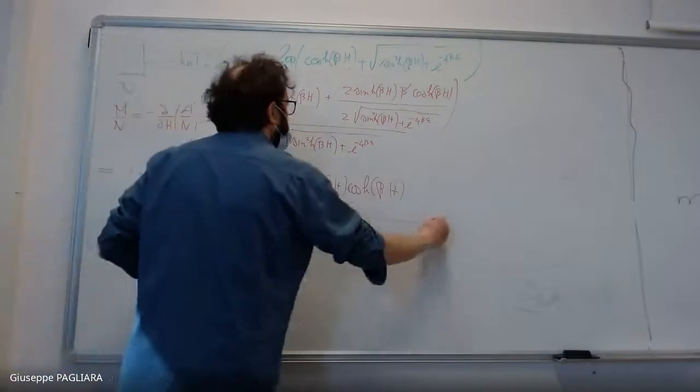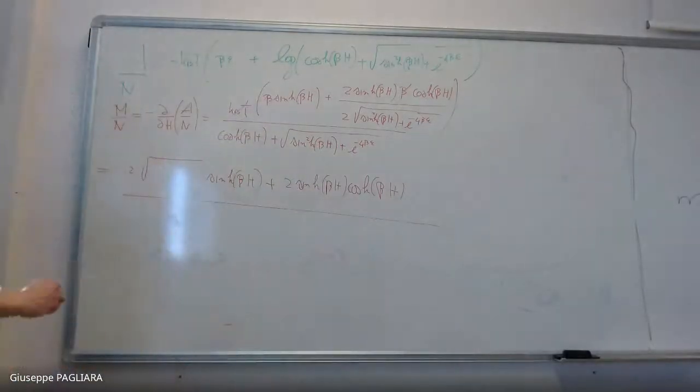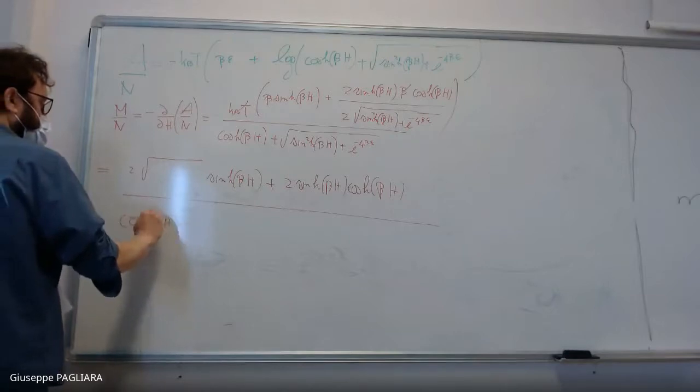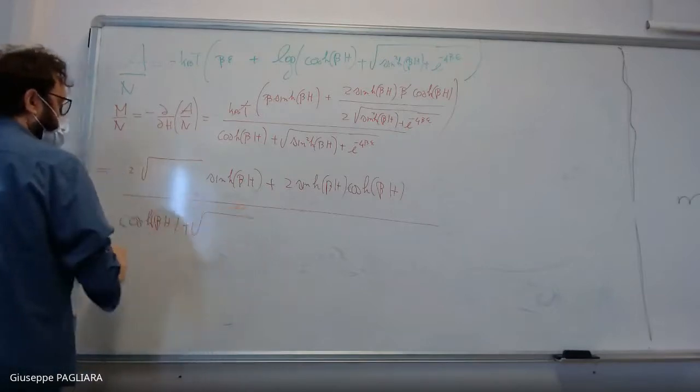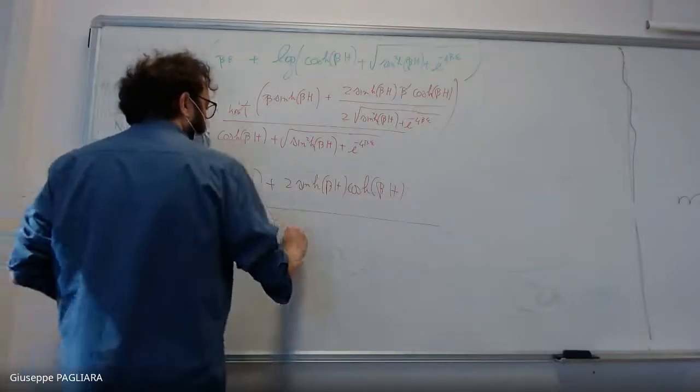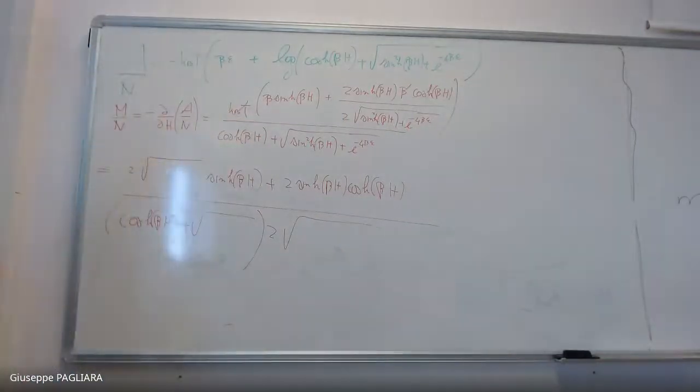And here we have cosh beta h plus the square root and twice the square root. Okay. And that's it. Well, actually, yeah, the factor of 2 drops.